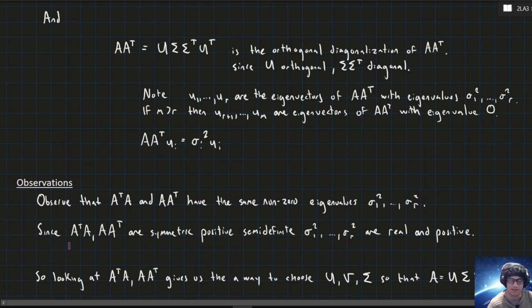Also note that A transpose A and A times A transpose are even better than just symmetric. They're positive semi-definite. It's not difficult to prove that these are positive semi-definite.